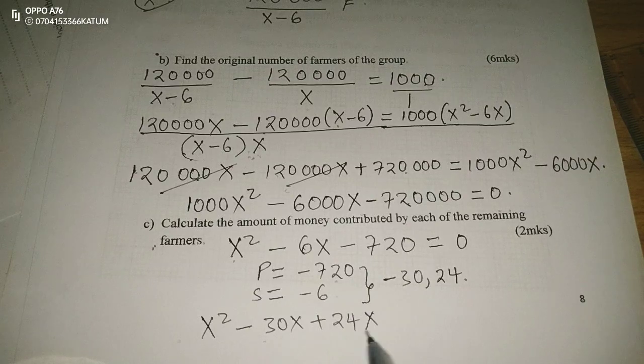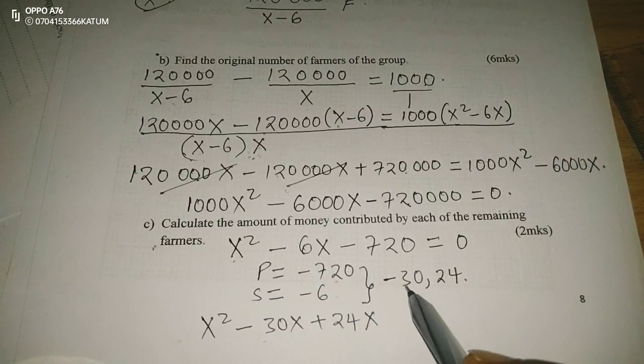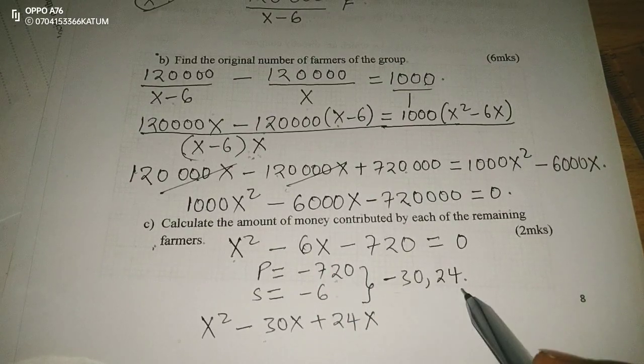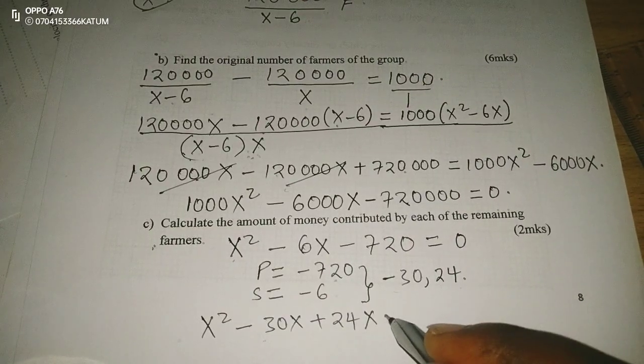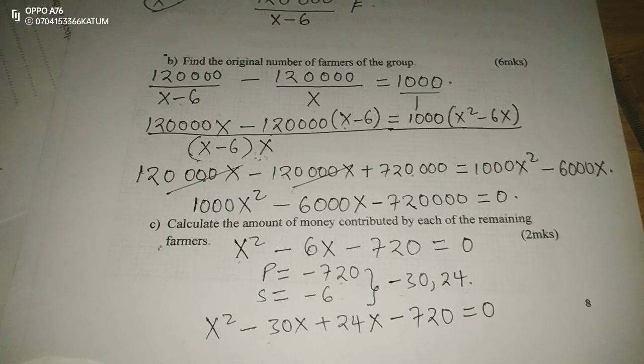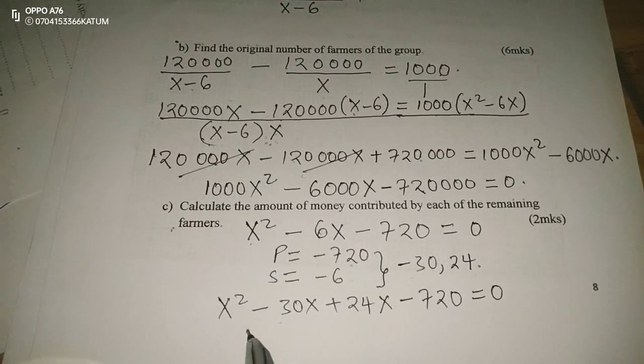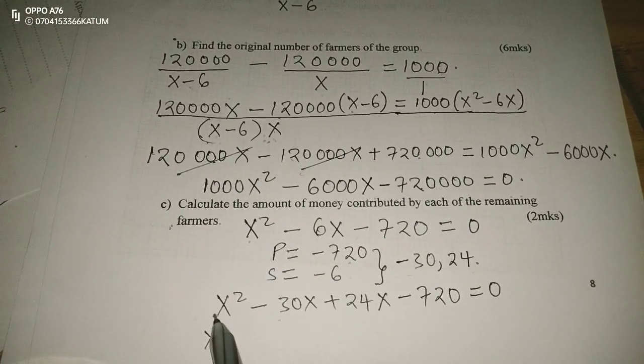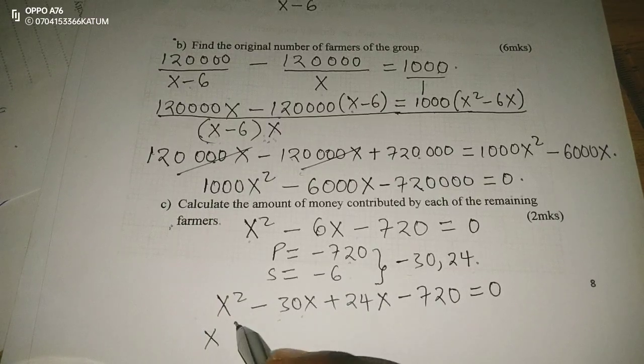This is the substitution of negative 6, so we usually replace b with these two factors. Then we subtract 720 to give us 0. Then we factor out x in every two terms, whatever is common.